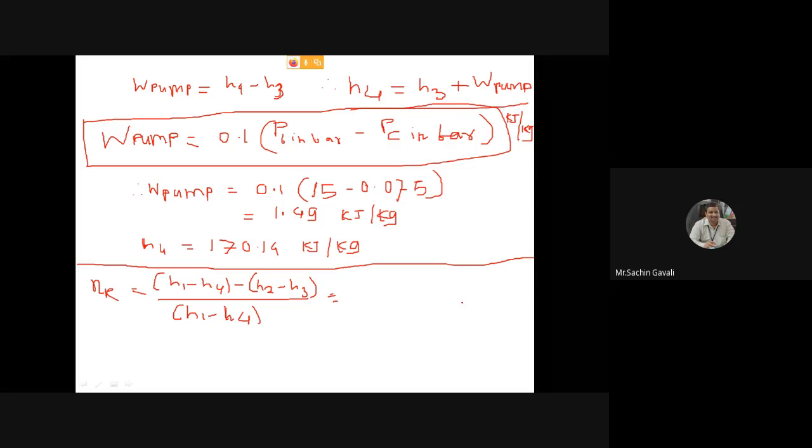Write the answer in a better way, and in brackets the point value you are getting. 30.19, sir. 30.19 percentage.